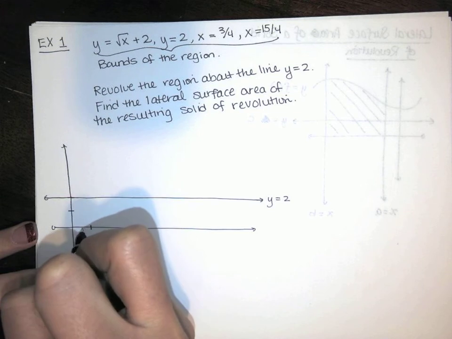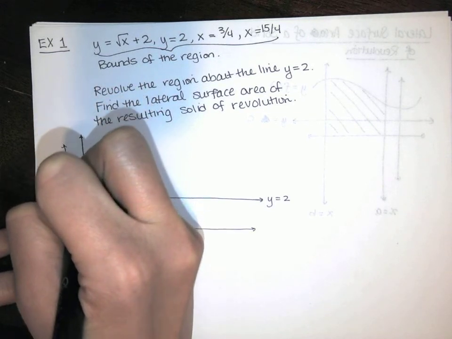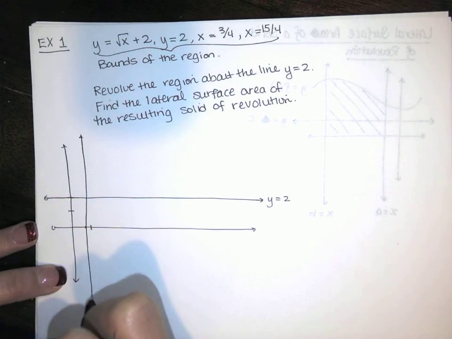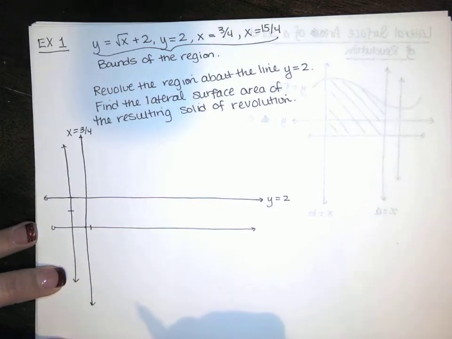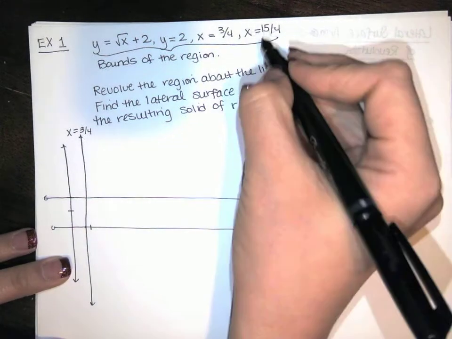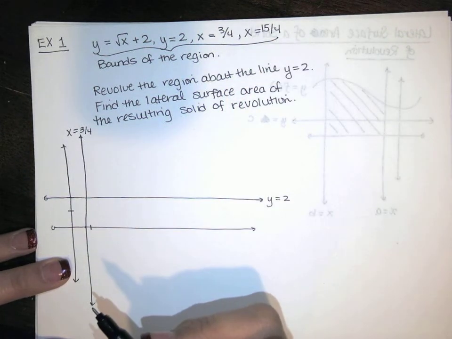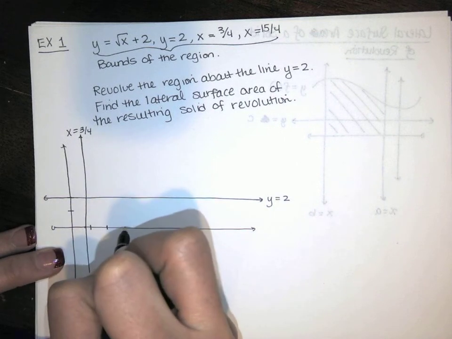So if that's 1, 3/4 might be right there. And then x equals 15/4. That is a little bit less than 4. So it looks like it's 3 3/4.